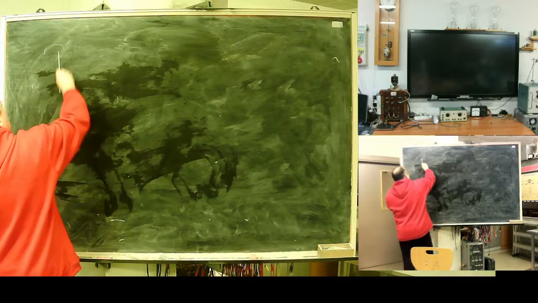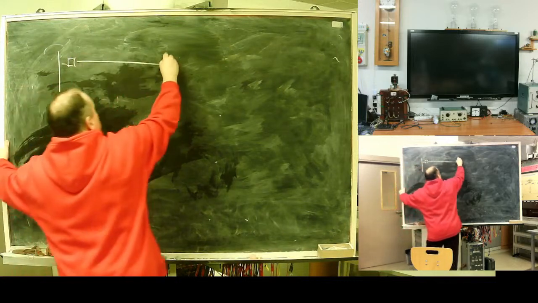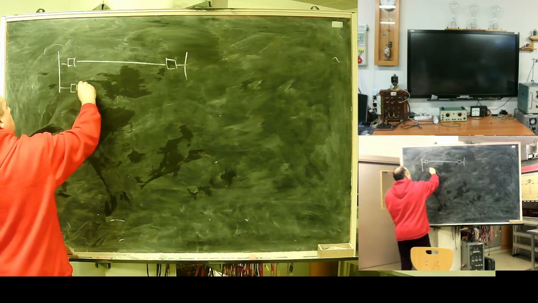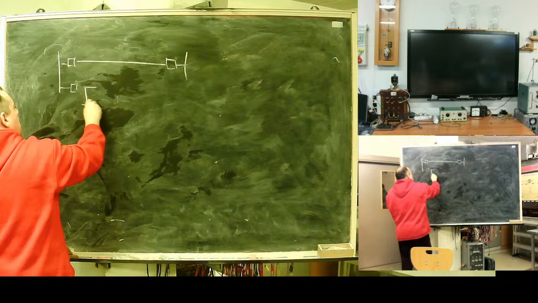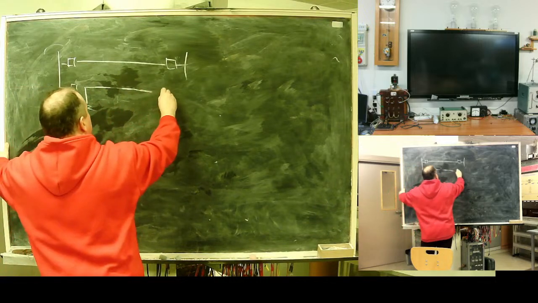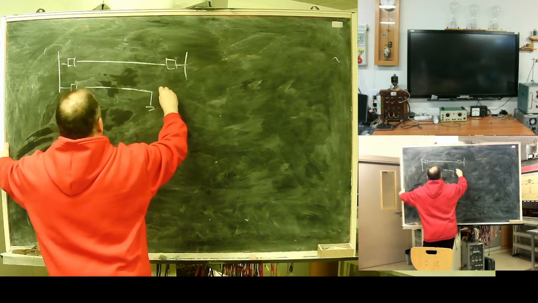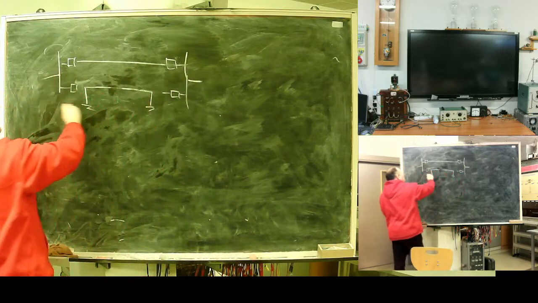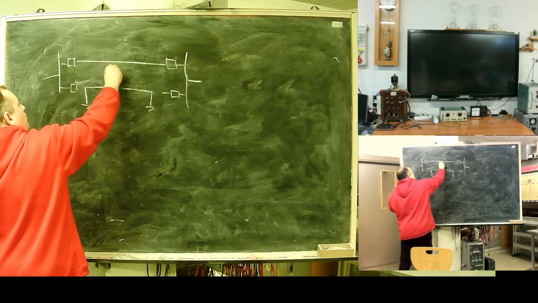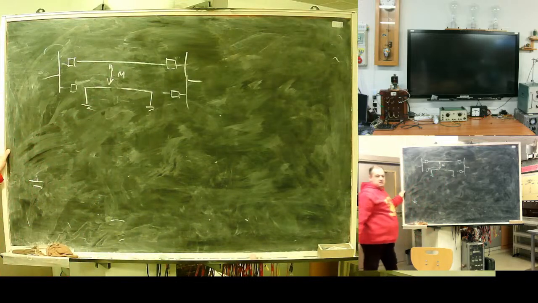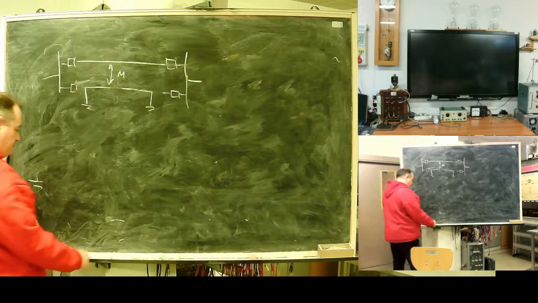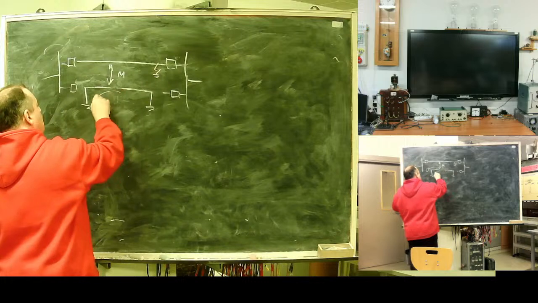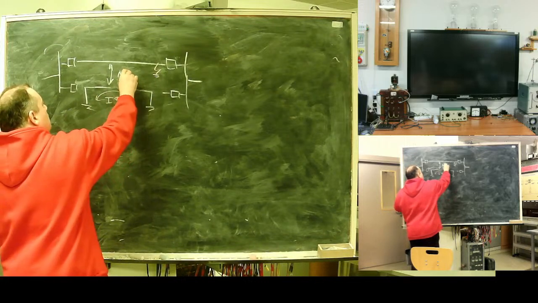You have parallel lines. Remember, they are coupled with mutual inductance. Earth fault here causes a zero sequence.